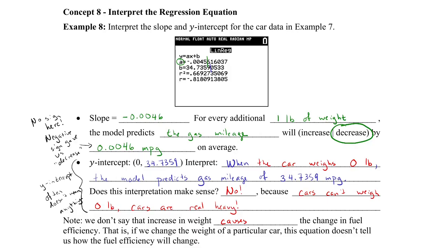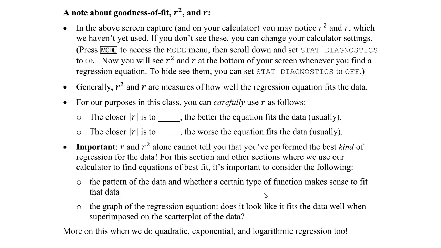Before we leave interpretation behind, let's also talk really briefly about these R squared and R values. If we were in a semester-long statistics class, we would spend a bunch of time talking about R squared and R. Your calculator may or may not be displaying them.